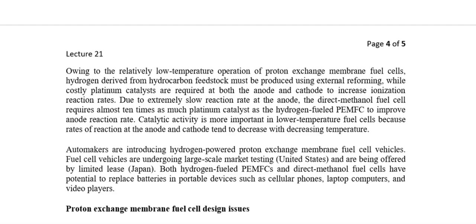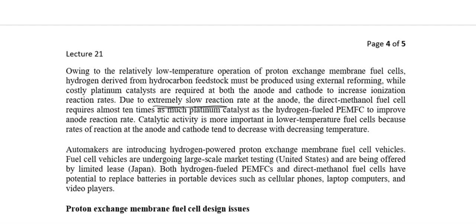If I'm using hydrogen as the fuel, the requirement would be different. But if I'm using direct methanol, then the requirement is quite big. For direct methanol, it is an extremely slow reaction, and what we call internal reforming.